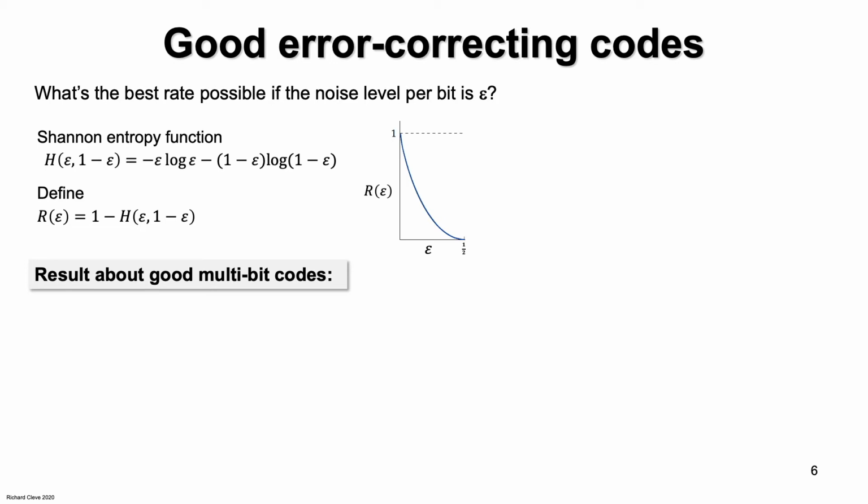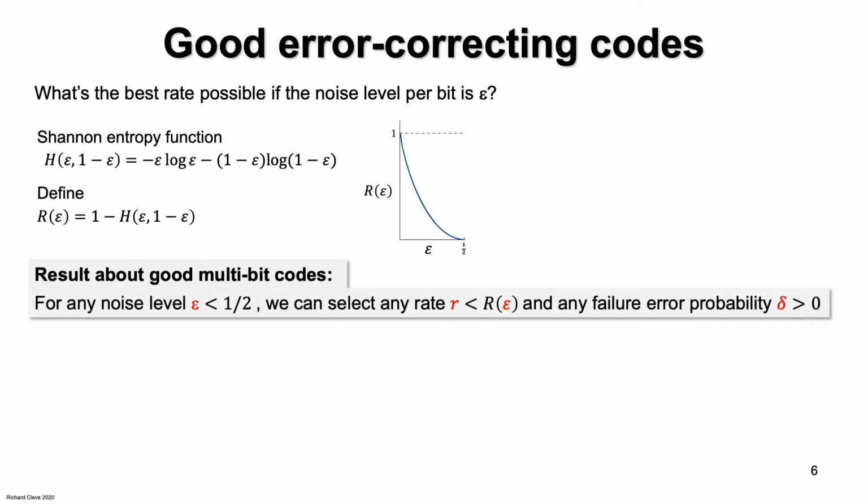Let the noise level be any epsilon less than 1/2. Think of that as a property of the communication channel that you're stuck with using. Then you can select any rate R as long as it's less than R of epsilon, as long as it's below the curve.